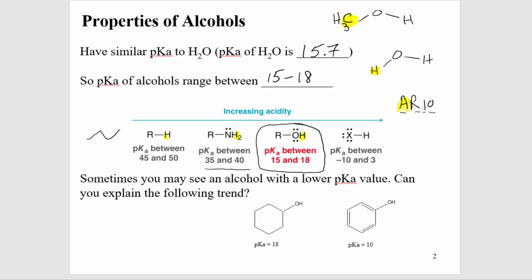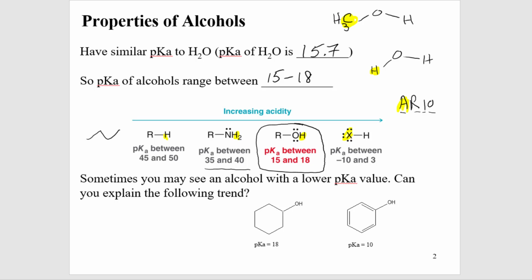And lastly, with a halogen with a hydrogen on it, those halogens, Cl minus, Br minus, I minus, are absolutely comfortable being so electronegative that they can very easily give up the hydrogen. That's why we see such low pKa values, very acidic.